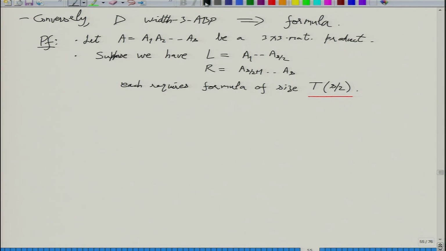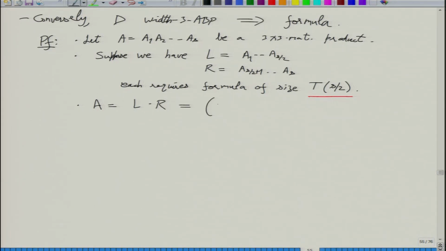But now what you have to be careful about is how will you multiply L and R. So A is equal to L times R, but how will you do this multiplication?